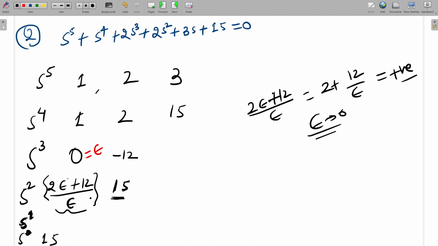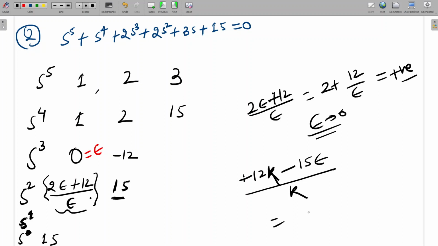Okay. So what will be s to the power 1? S to the power 1 will be minus 12k minus 15 epsilon, divided by k. Is it correct? Yes, sir.